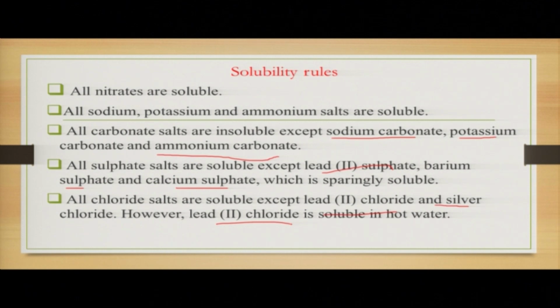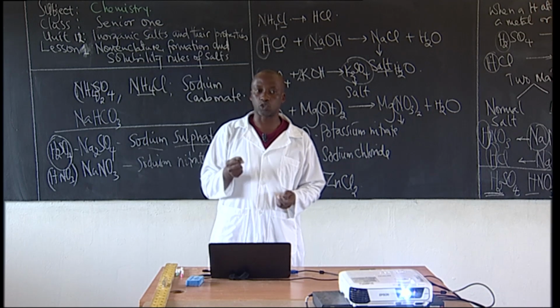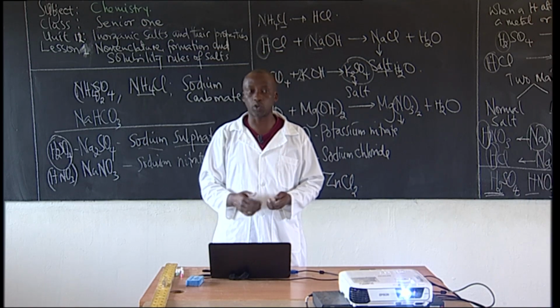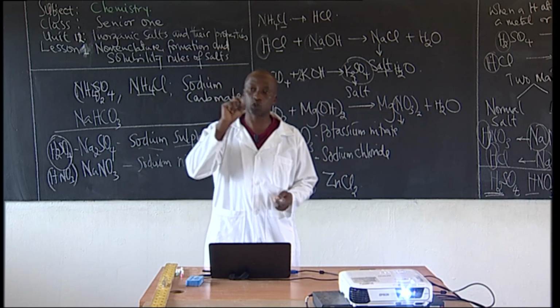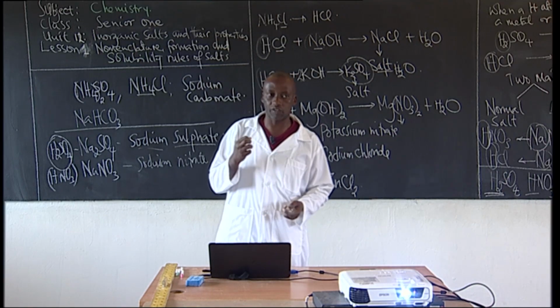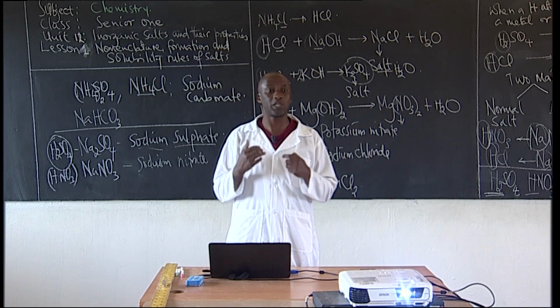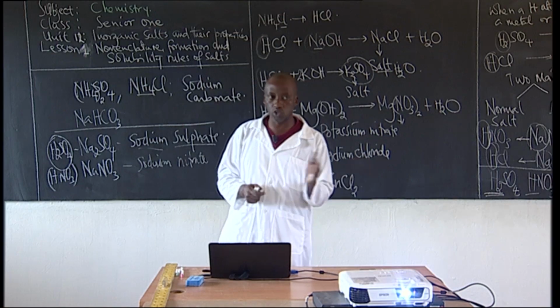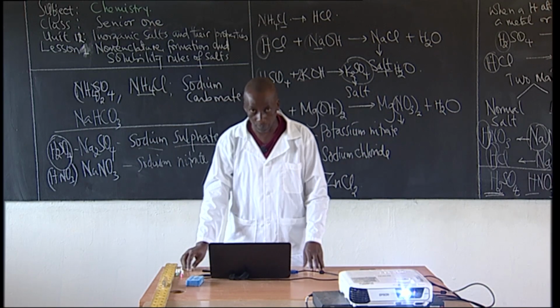So those are the chlorides which are insoluble. But lead 2 chloride, when it is put in hot water, it dissolves. All sulfates are soluble. So we are mentioning the 3, lead sulfate, barium sulfate, and calcium sulfate. Those are the ones which are insoluble. All nitrates are soluble. All sodium, potassium, and ammonium salts are soluble.